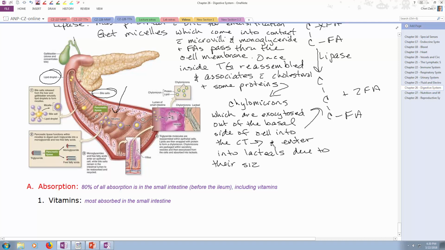They're way too big to get into ordinary blood capillaries, but our lymphatic capillaries are great with the way they're made. They can open up a nice little area, and then the chylomicrons can go in.